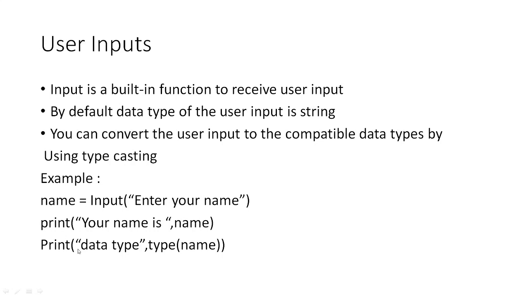I want to print the name, so you can say print "your name is" and then the variable name. It prints whatever the user has entered. I want to check the data type of the name, so you can say type of name. By default, the name is of type string.